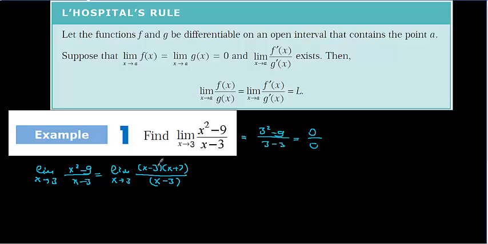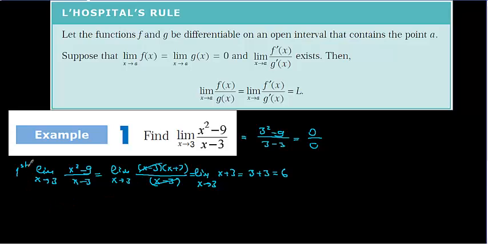When you simplify x minus 3 and x minus 3, you have limit x tends to 3 of x plus 3, and then you replace x by 3, so 3 plus 3, and it's going to be equal to 6. Here the limit value is equal to 6, and L'Hopital's rule helps us to find this easily.